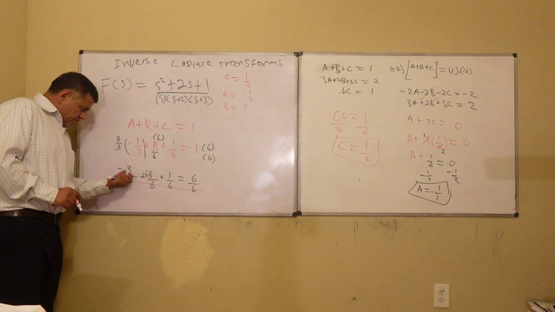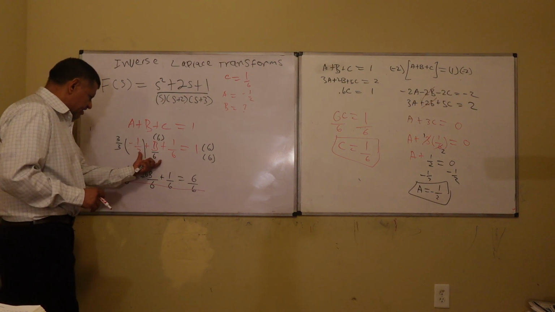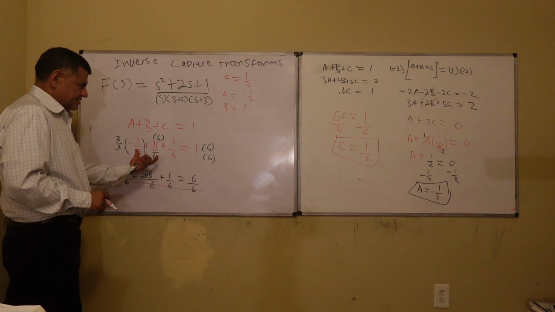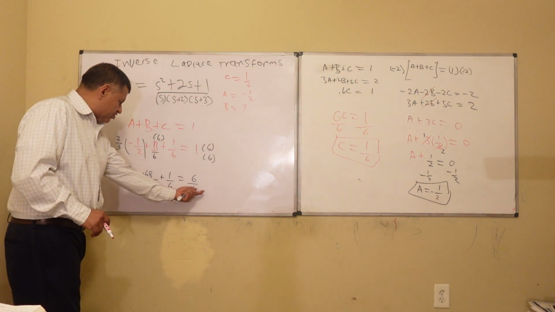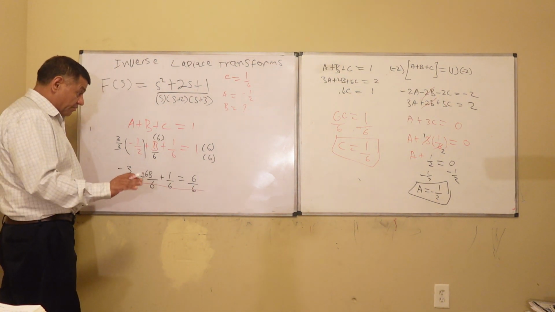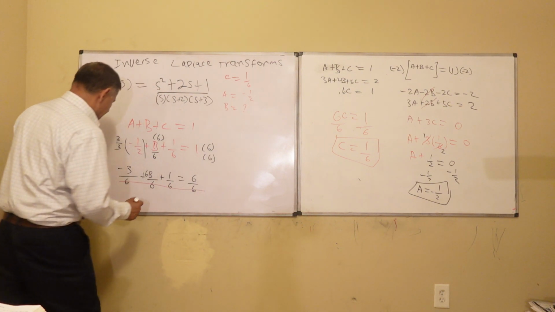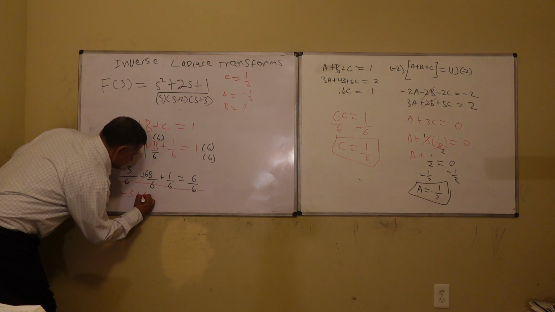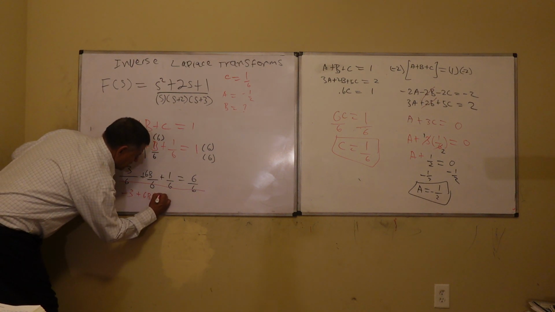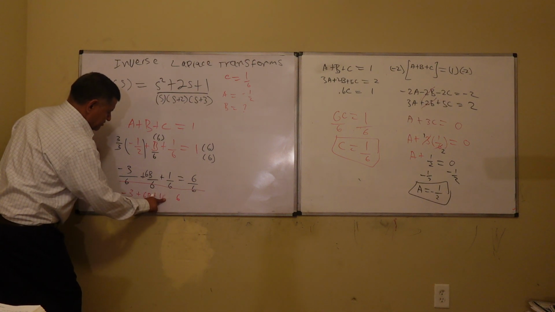Now what I can do is I have a regular linear equation. This one was linear too, but it had a fraction. This one doesn't have fractions. I use the common denominator to get rid of the whole thing on both sides. So now what do I have? I have negative 3 plus 6b plus 1 equal to 6.